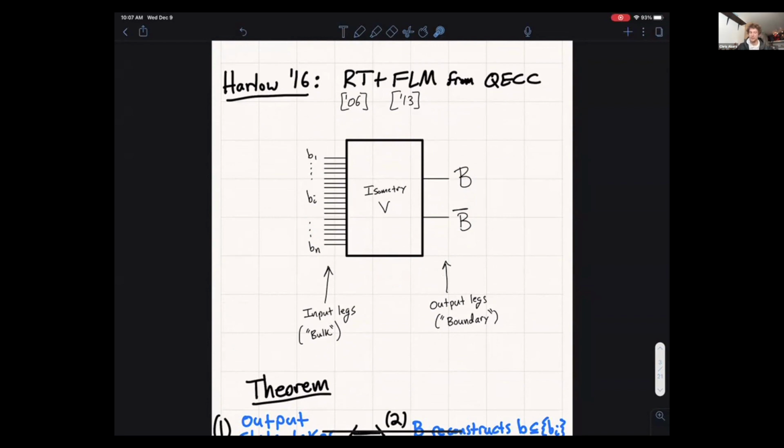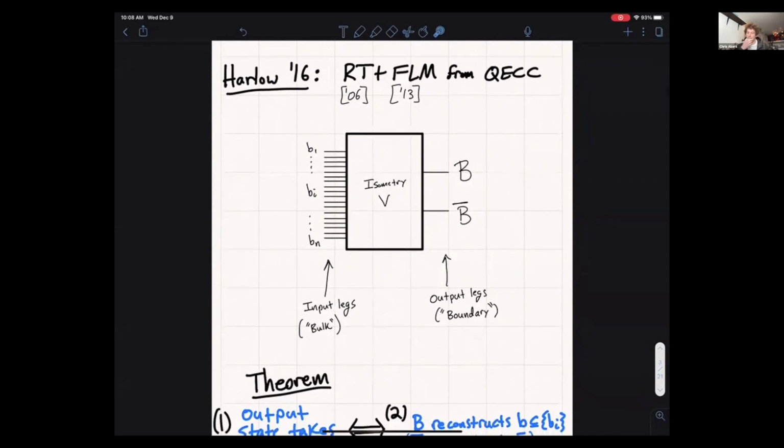You have some isometry V. This is like the encoding isometry, and you have some set of input legs, which you should think of as the bulk legs or the bulk degrees of freedom. And they are mapped via this isometry to some output legs, which you should think of as the boundary degrees of freedom, like the CFT, the physical degrees of freedom of the code.